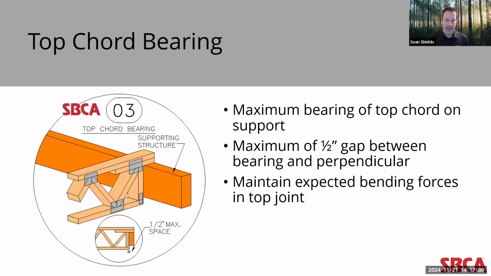Logically, the larger that gap is, the higher the bending forces in that top joint. For example, a 1 inch gap doubles the bending forces going through that joint. And depending on conditions, even that small change may cause serviceability issues later on in the building's life cycle.